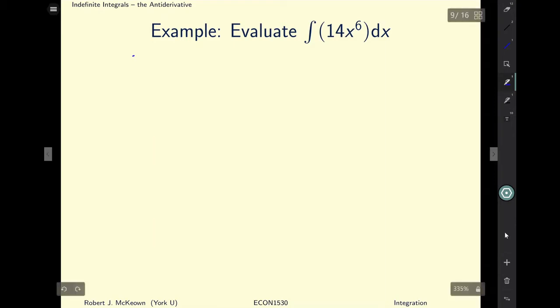All right, so I want to integrate this thing: 14x to the 6 dx. Now, the 14 is a multiplicative constant, and that's going to stay there. I haven't talked about it yet, but I'll formalize that a little bit later. In this case, a is equal to 6, so I want 6 plus 1 in my denominator.